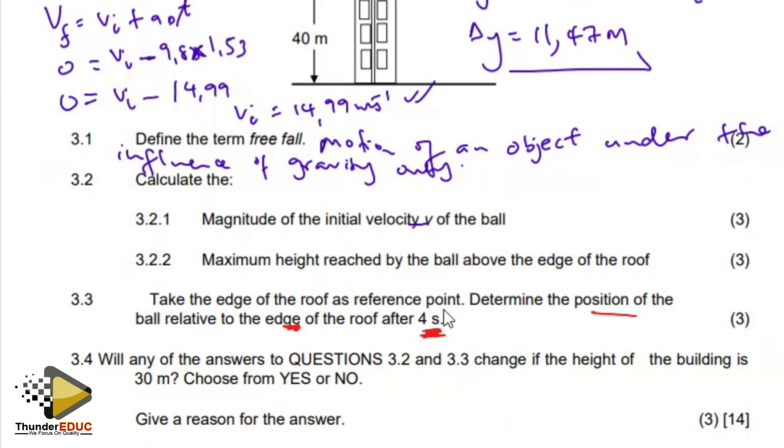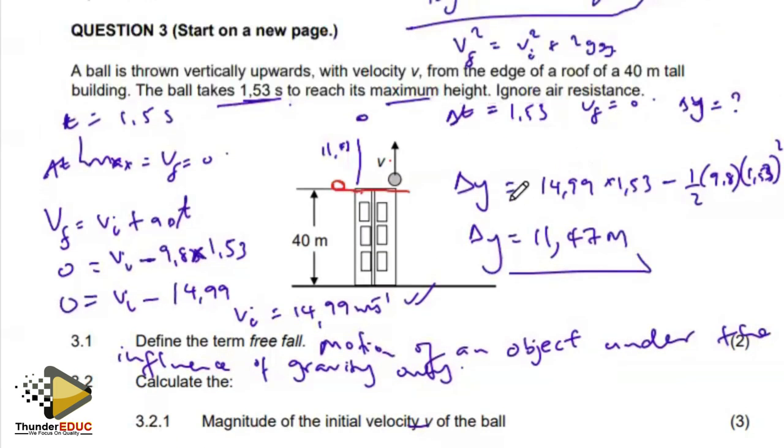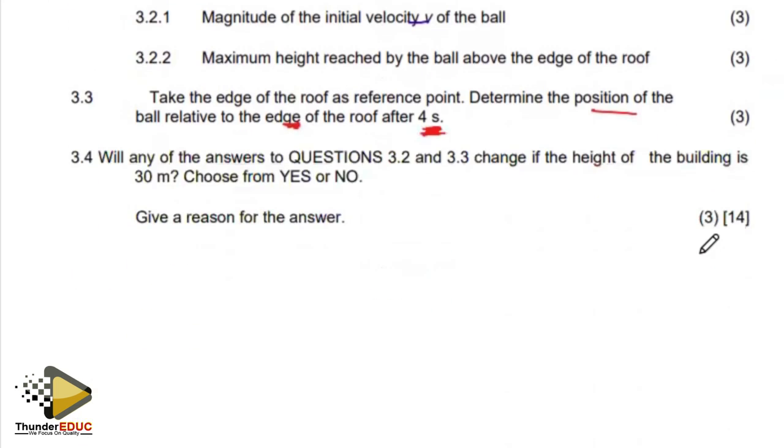So after 4 seconds, what will be the position of the ball? So I can still use the same formula of the delta y, but where there's time, I can just use the 4 seconds. Is that okay with people? Good. So we said we're using the same formula.